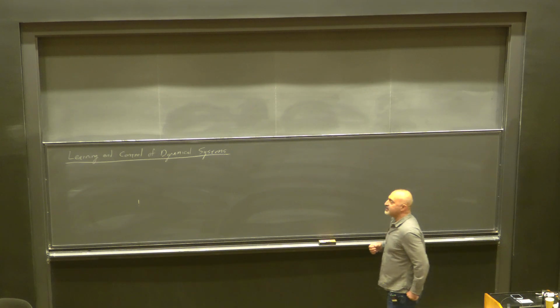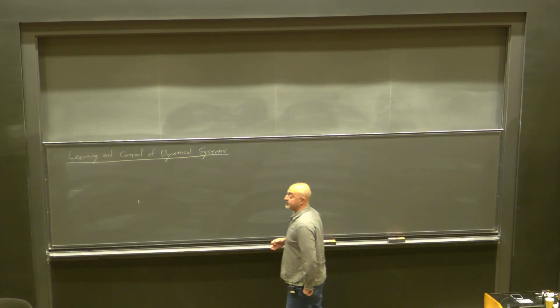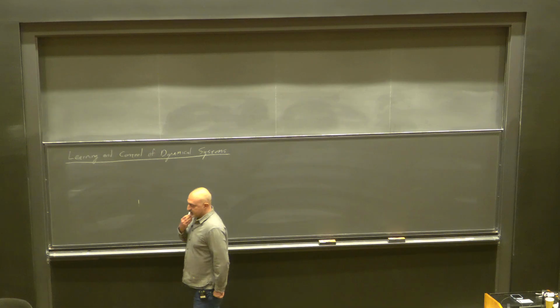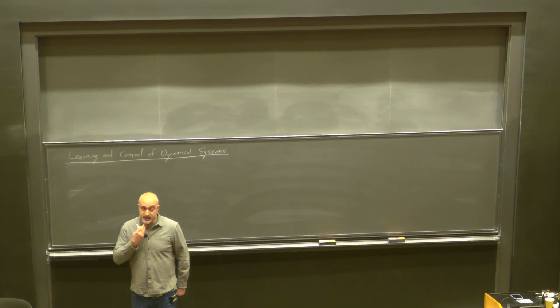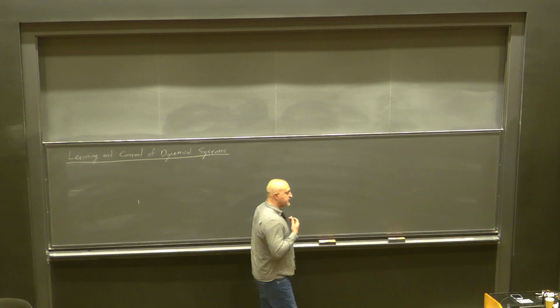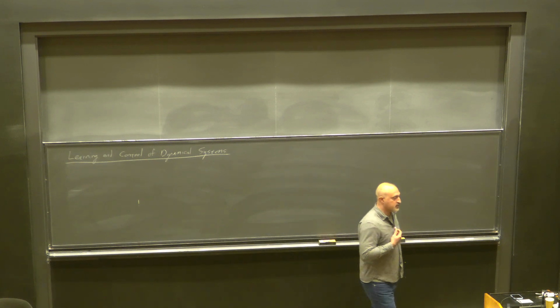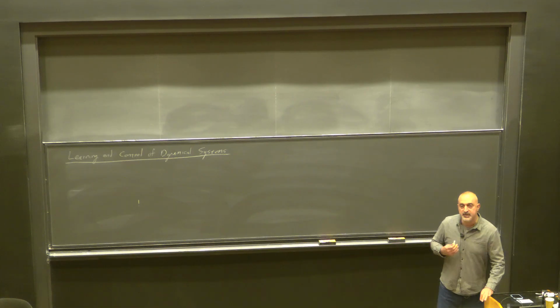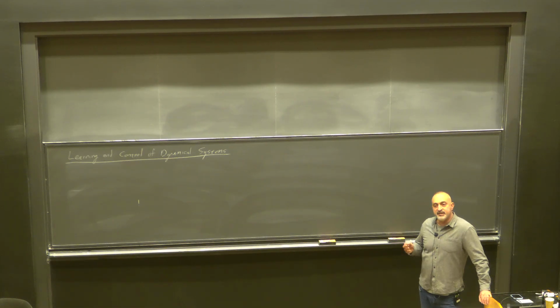What do we mean by learning in dynamical systems, learning and control of dynamical systems? I will start by telling you a bit of history, and the history goes back to the 17th century. Control is a discipline in engineering and sciences that has to do with the manipulation of physical devices to get some desired behavior.